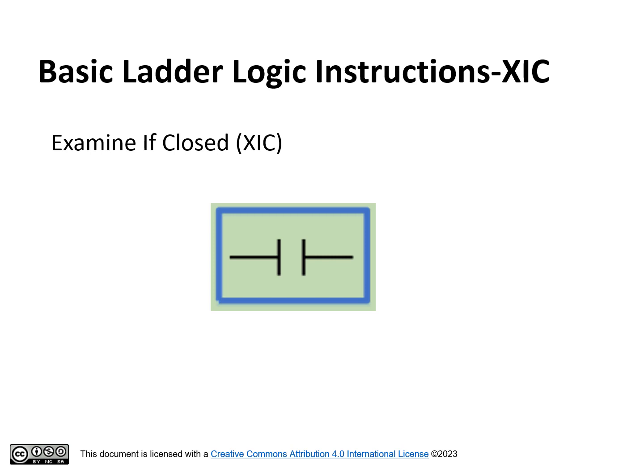Examine if closed, XIC. This instruction, also called examine on or normally opened, as shown in the figure, functions as an input or storage bit. If the corresponding memory bit is a 1, on, this instruction will allow continuity to energize the corresponding output coil.